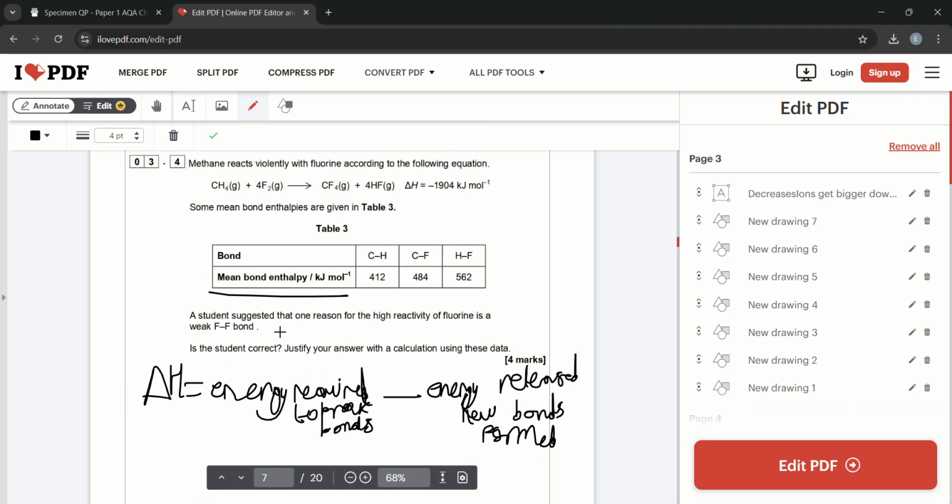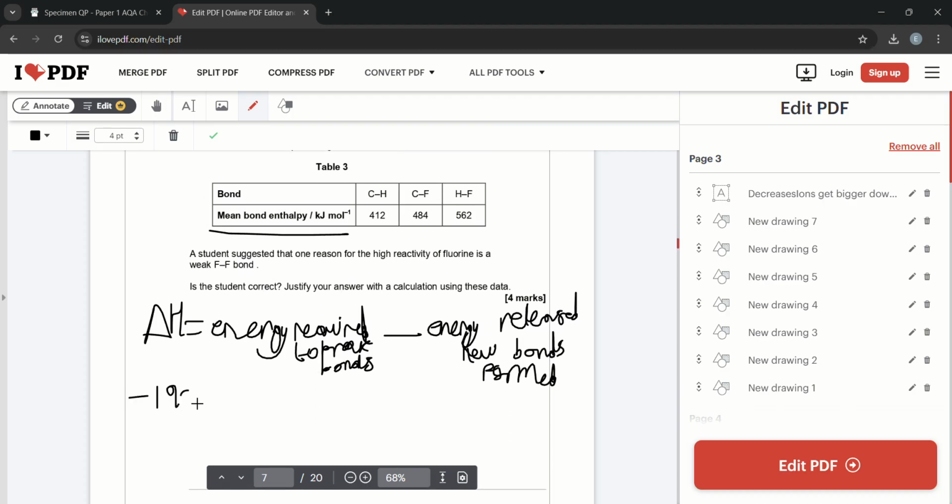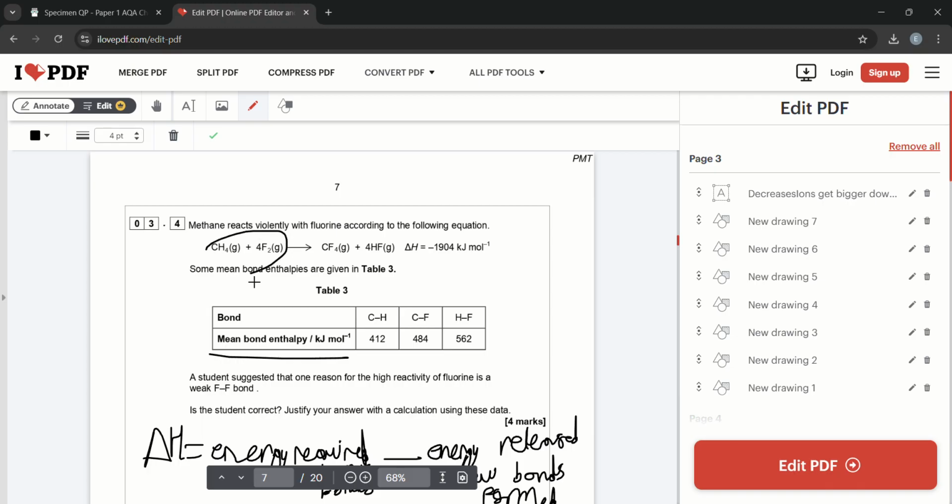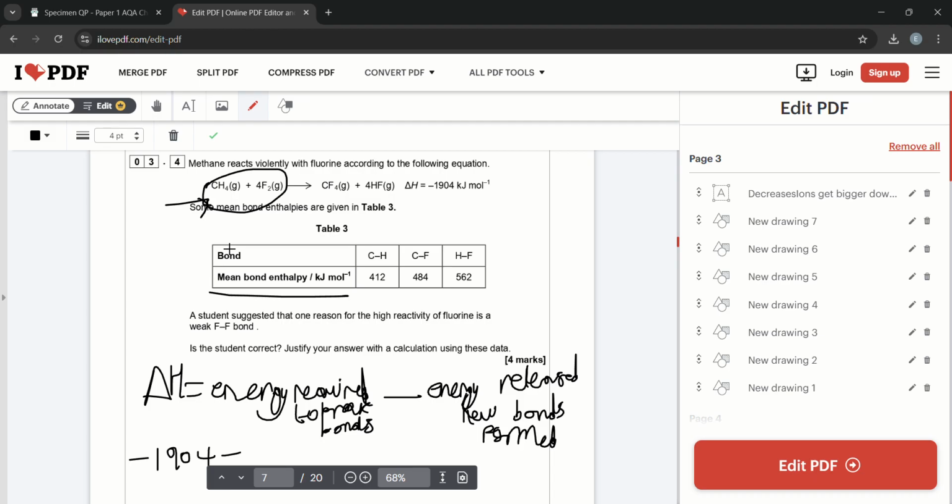So delta H is minus 1904. Energy is required to break bonds, and energy is released as new bonds form. So energy required to break the bonds: it's going to be CH4. If you draw out CH4, methane, and I'd recommend that for these types of questions, draw out the molecule so you can see how many bonds there are. In this case, CH4 is times 4.